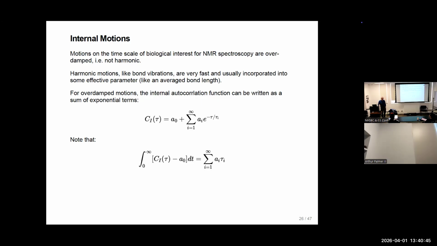So I'm going to let you read all that complicated literature on your own. But if we just have a sum of exponentials, our basic question is, we can't measure by NMR an infinite sum of exponentials. How do we approximate this?